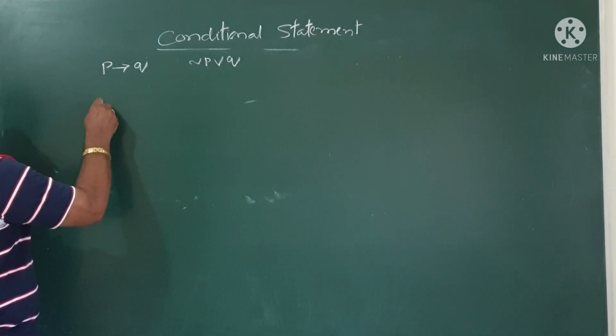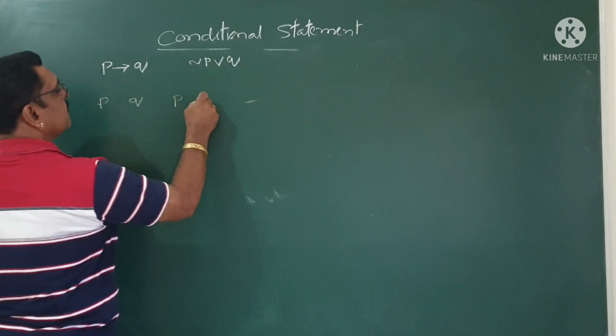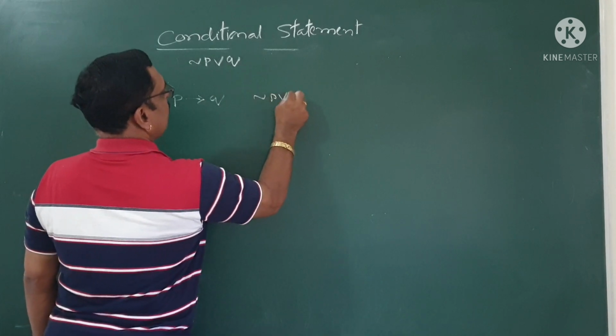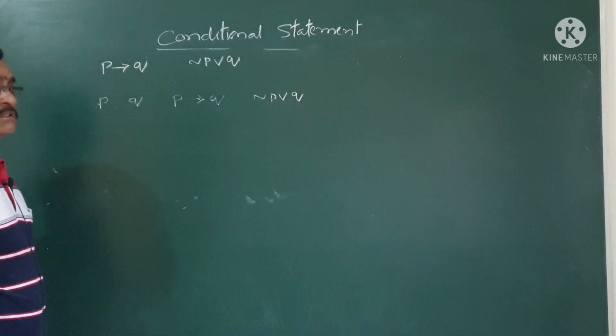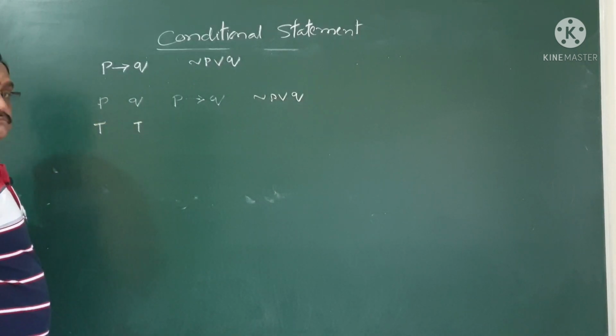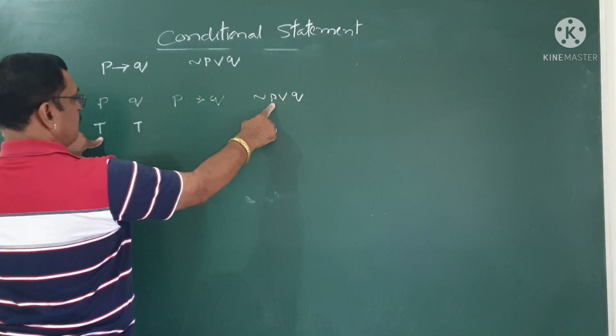Let me tabulate these results. First of all, P, Q, P implies Q, negation of P or Q. First, take true and true. Come to this column. Negation of P means false.